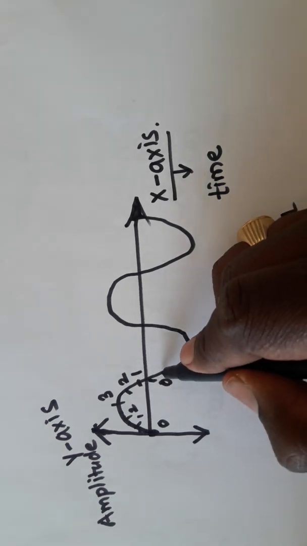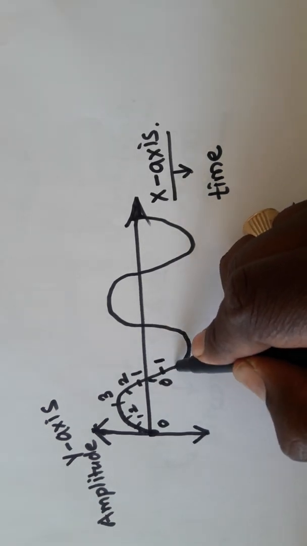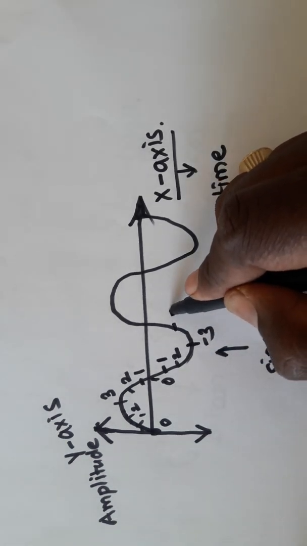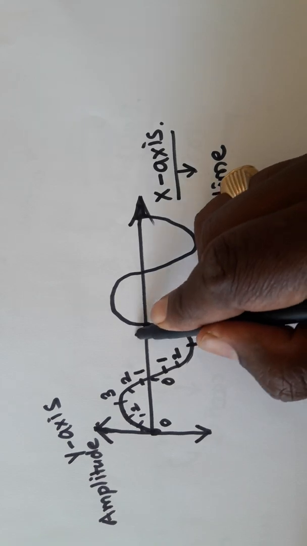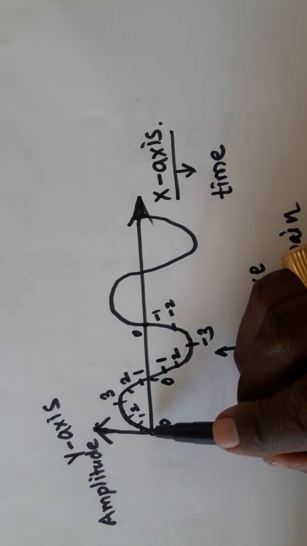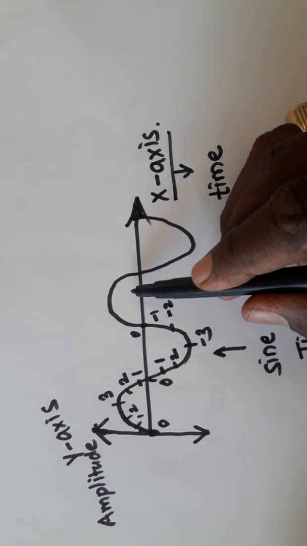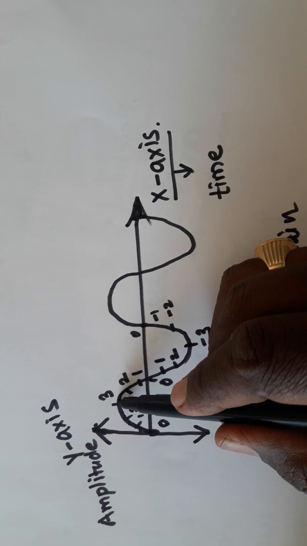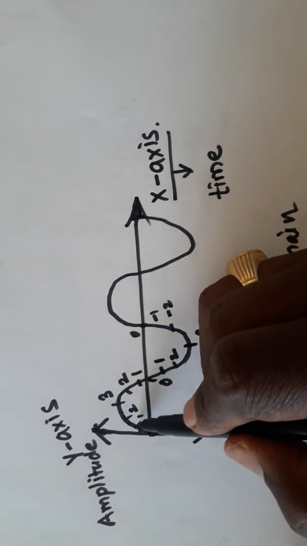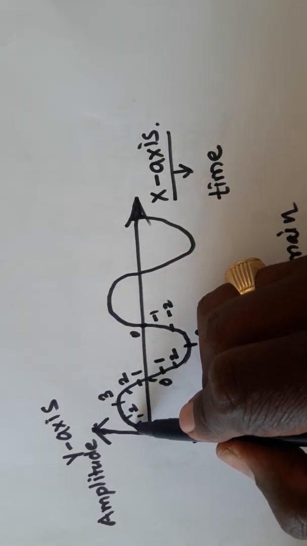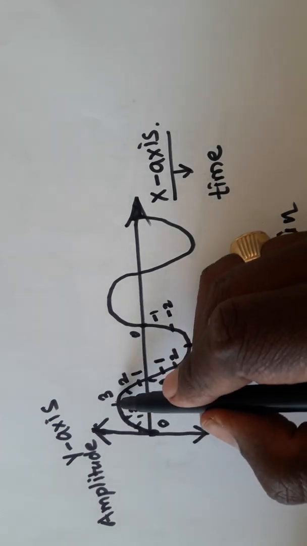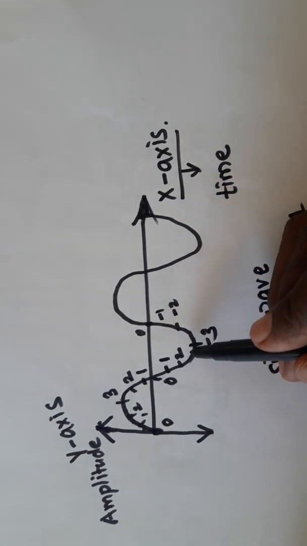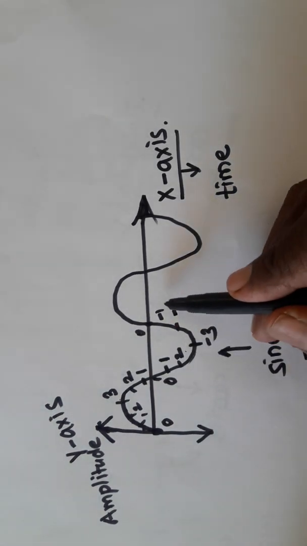On the negative axis there is -1, -2, peak amplitude -3, then -2, -1, and once again it becomes 0. So at each and every point on this signal we have a different amplitude, a variation in the value of the signal. Suppose here we have a voltage of 1 volt, here 2 volt, 3 volt, once again 2 volt, 1 volt, 0 volt, -1 volt, -2 volt, -3 volt, -2, -1.